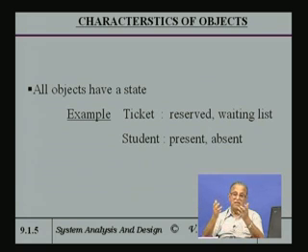In an admission process, a student may be admitted, waitlisted, or kept pending, so not admitted. So these are all states, and each object will have states which will change as per the context.